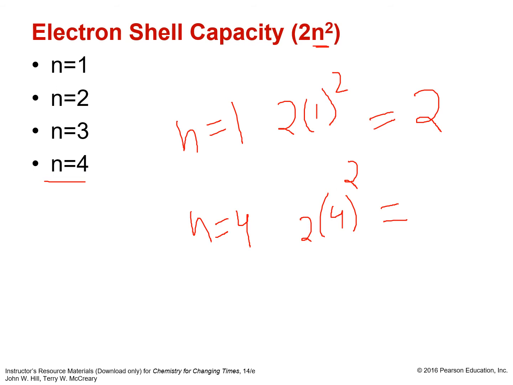So whenever the shell is 4, you can have a maximum of 32 electrons, and you can calculate that for any n by using this formula, 2n squared.